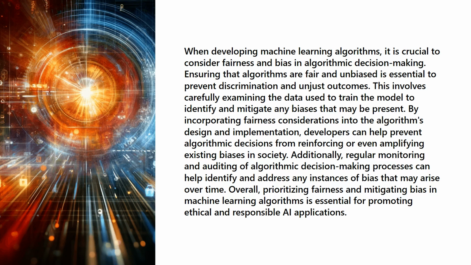By incorporating fairness considerations into the algorithm's design and implementation, developers can help prevent algorithmic decisions from reinforcing or even amplifying existing biases in society. Additionally, regular monitoring and auditing of algorithmic decision-making processes can help identify and address any instances of bias that may arise over time. Overall, prioritizing fairness and mitigating bias in machine learning algorithms is essential for promoting ethical and responsible AI applications.